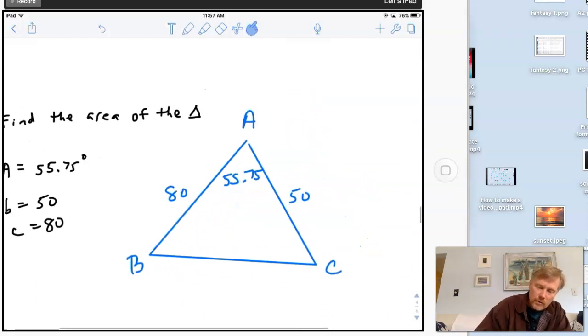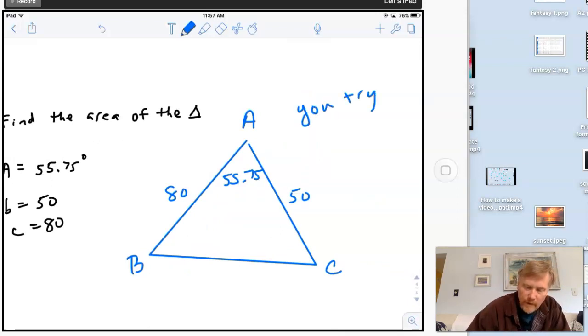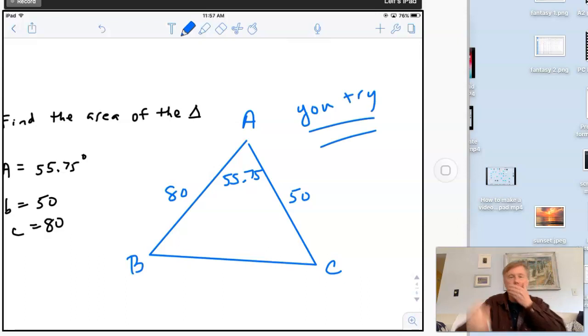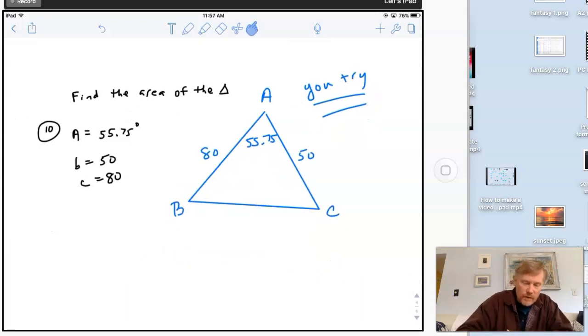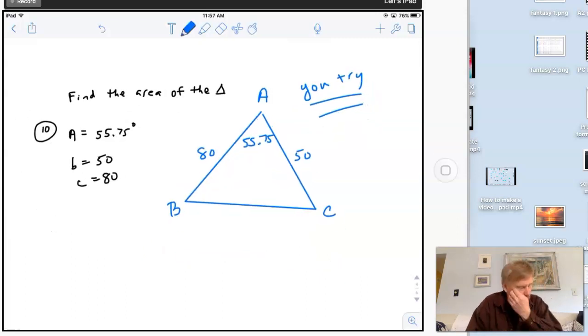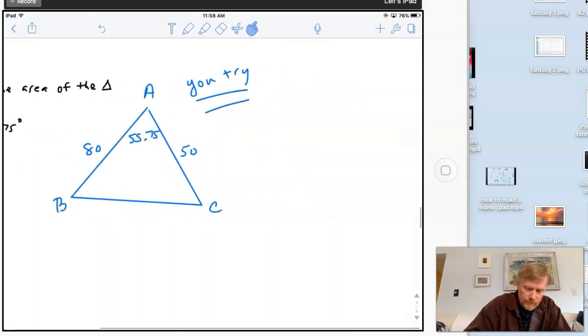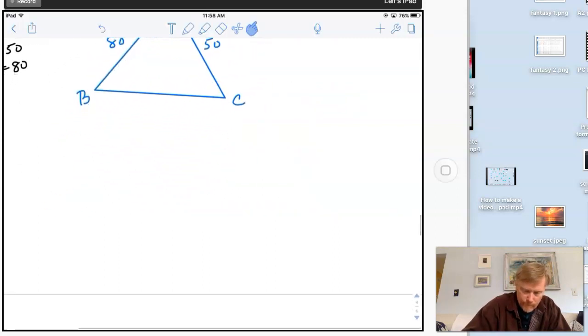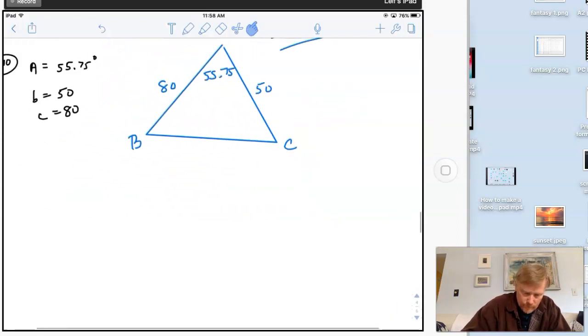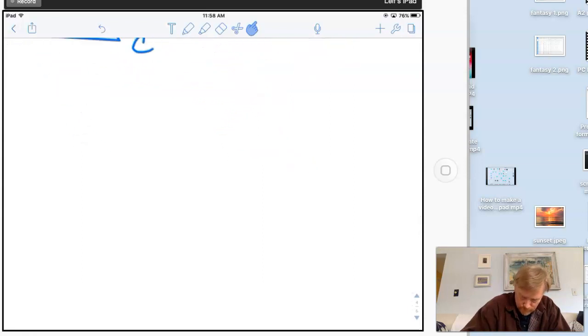So I would like you to try this right now, now that I've set it up nicely for you, and see if you can find the area of the triangle using Heron's formula. So hit pause and come back in a second and I'll show you the answer. Welcome back.